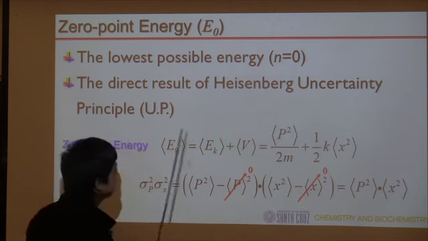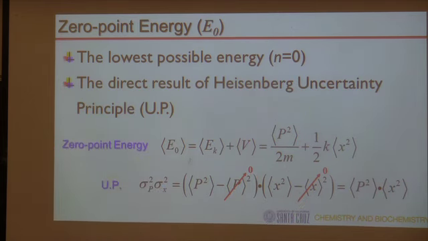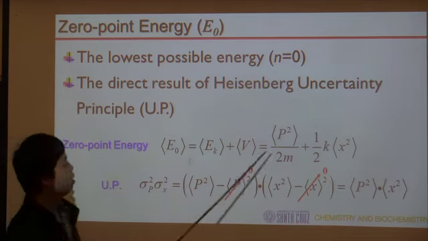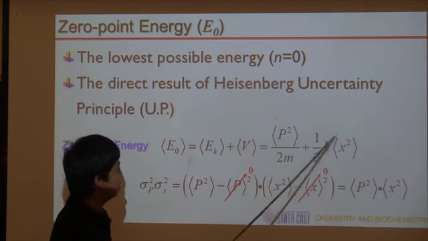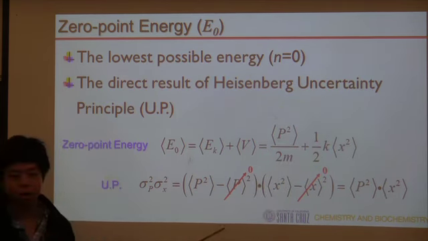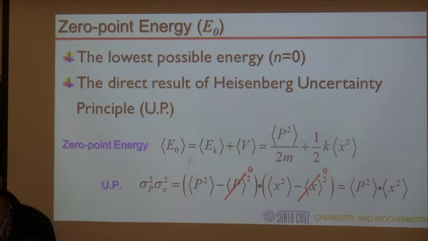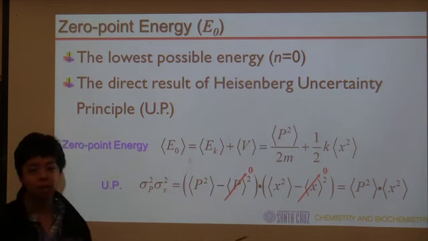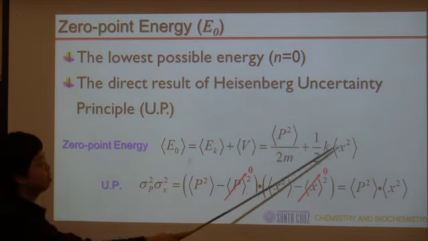Actually, I made a mistake, sorry. That's okay, that's right. If this one is 0, we know this is a positive number and this is another positive number. So two positive numbers together equal 0. That indicates the two must be 0 simultaneously. It cannot be that one is negative.